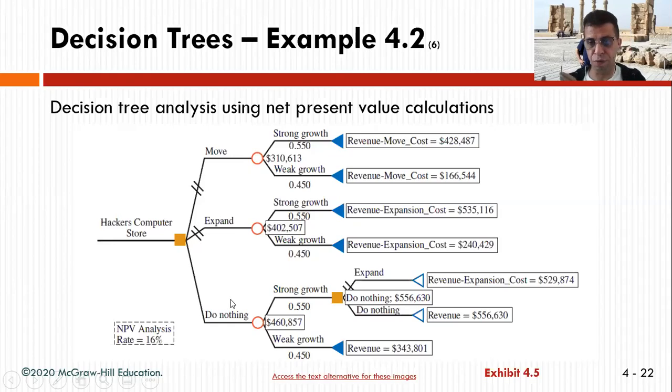So you notice the first impression that we have is, oh, let's move, because we see the number is pretty high. But then we put the cost of moving versus the cost of expansion, then we said, no, let's do the expansion.